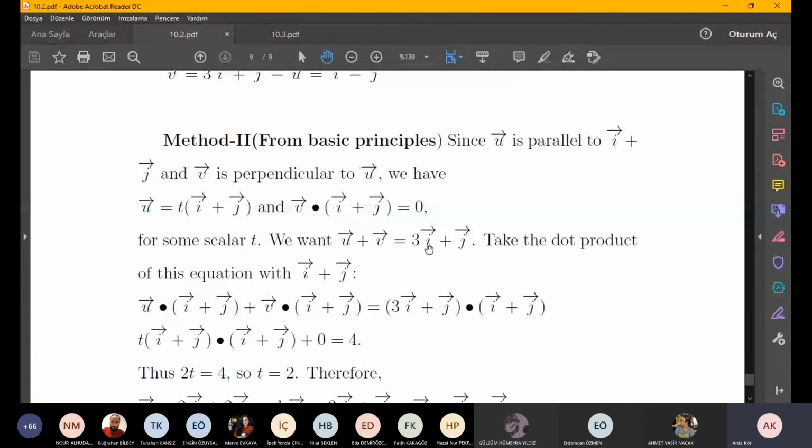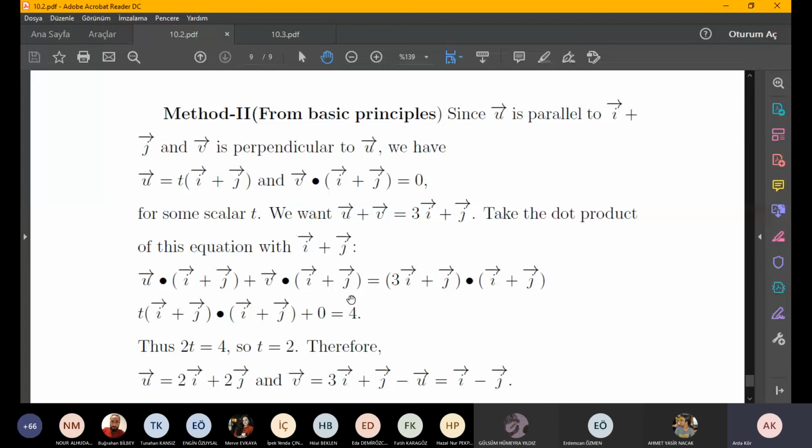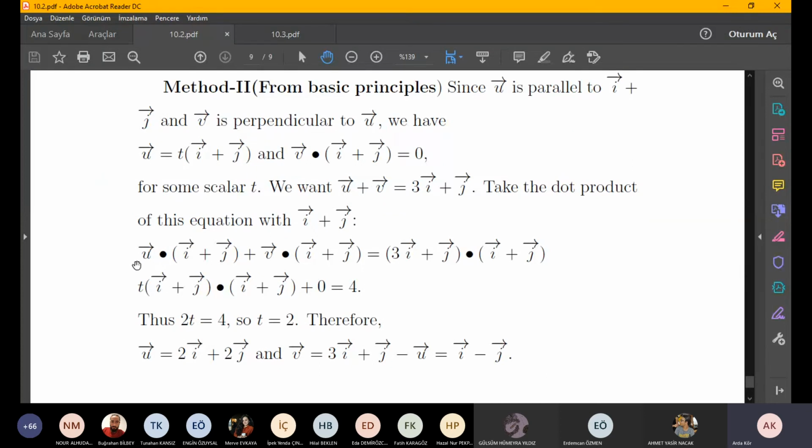So let's write, instead of u here, t times i plus j. The first part will be t times i plus j dot i plus j, and for the second part, since those two vectors are perpendicular, we know that scalar multiplication is 0.